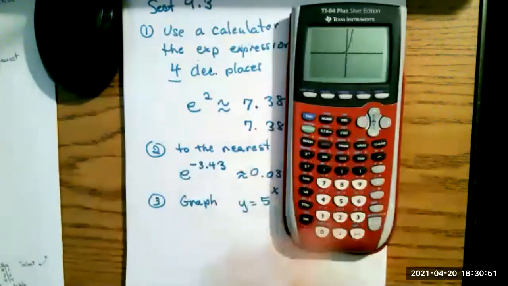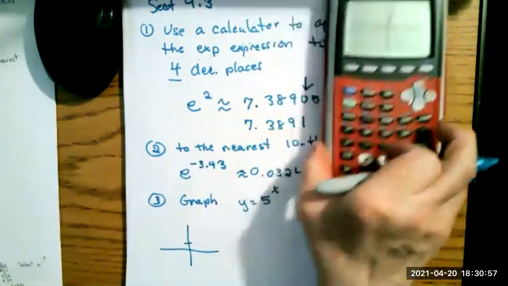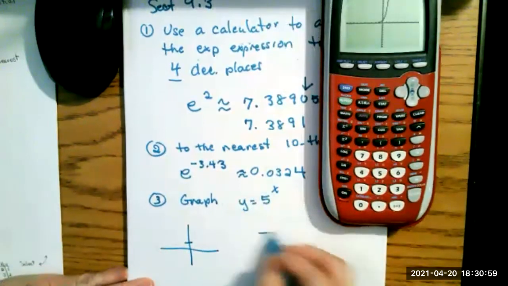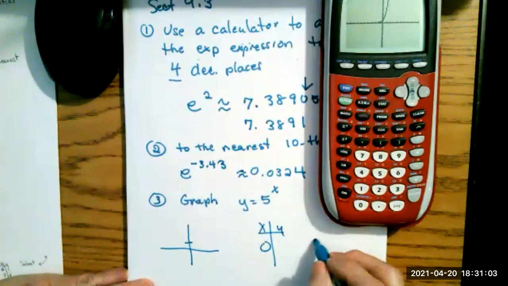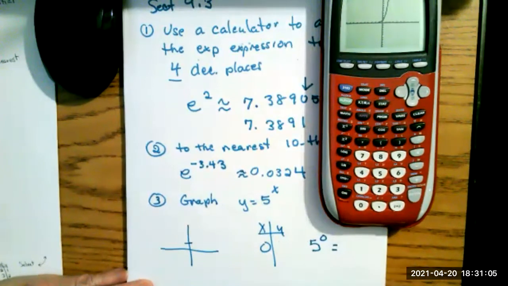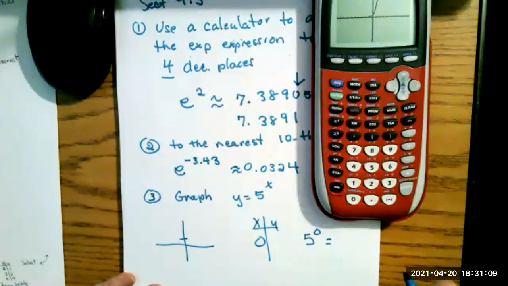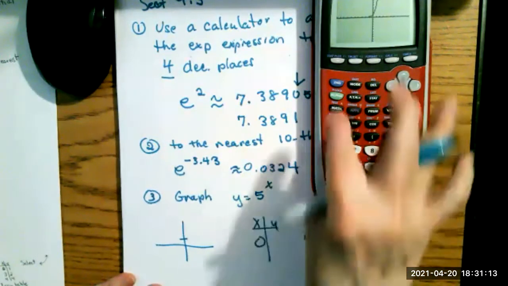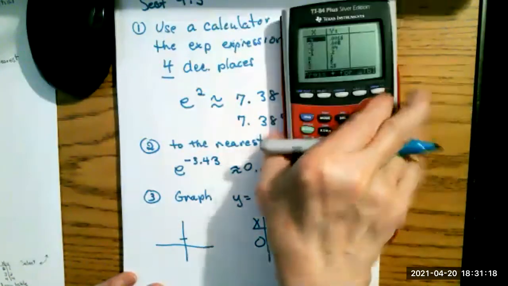All of these exponential functions look like that unless they have a shift on them. It's going to go through the point 0, 1, and that's because if you put a 0 in for x, what is 5 to the 0 power? Is it 1?